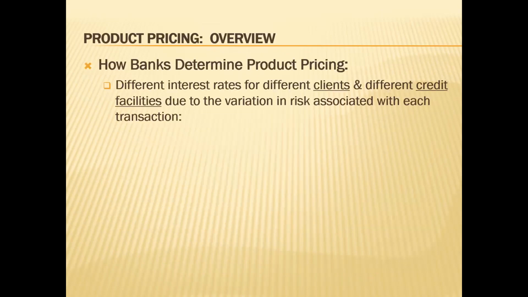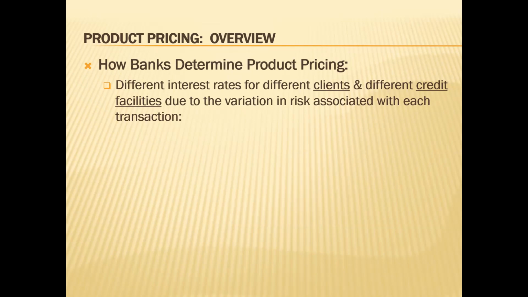And let's go to page 40 in our text. These bullet points are extracted from that page. So we have different interest rates for different clients and different credit facilities due to the variation in risk associated with each transaction.